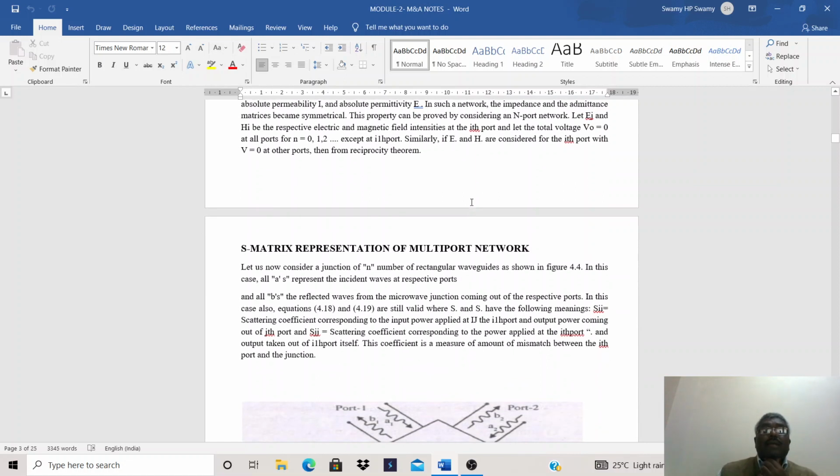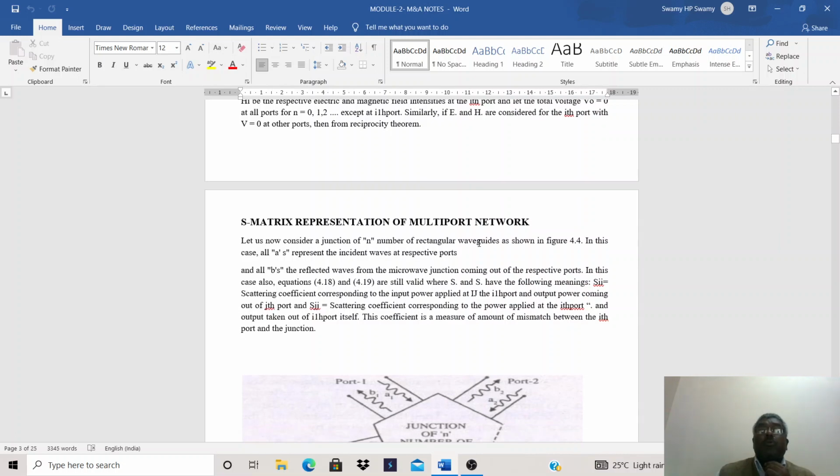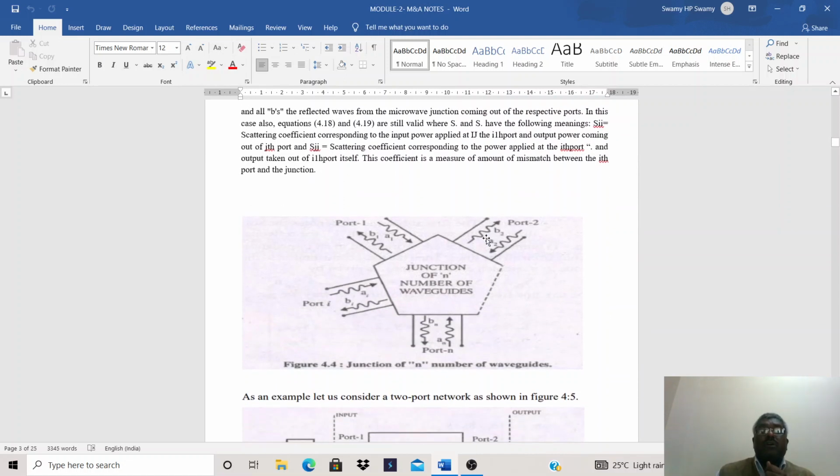Now, S matrix representation of a multi-port network. How are you going to represent it? You have a multi-port network, so this is the figure. It is a junction of n number of waveguides or n number of ports. This is port number 1, port number 2, port number 3, up to n.